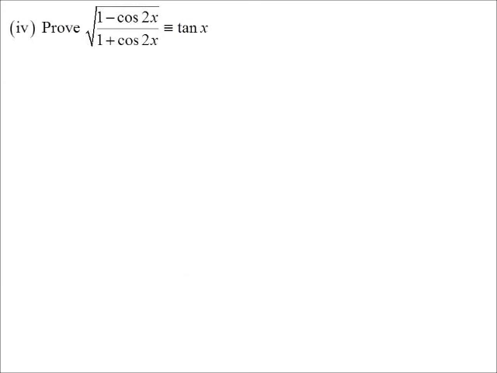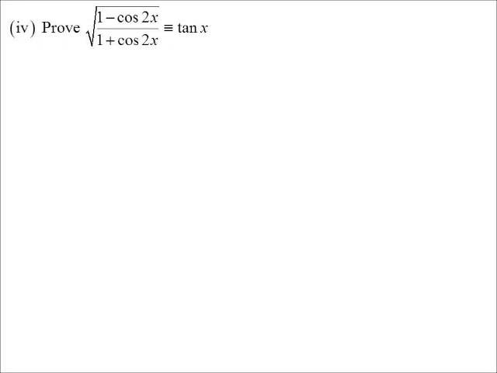Let's prove this identity. Now, what do I see when I look at this one? I see the double angle. Certainly I see that. We've got to prove it's tan x. 2x is double x. But I suppose actually the first thing that jumps in my head is tan is sine on cos. And I've got a fraction on the left-hand side.